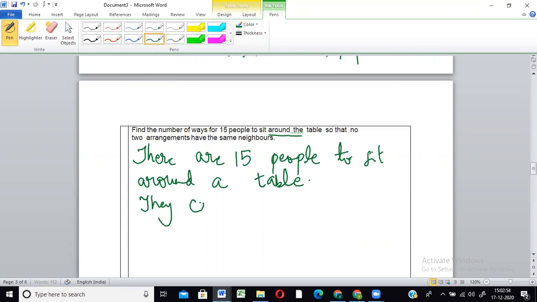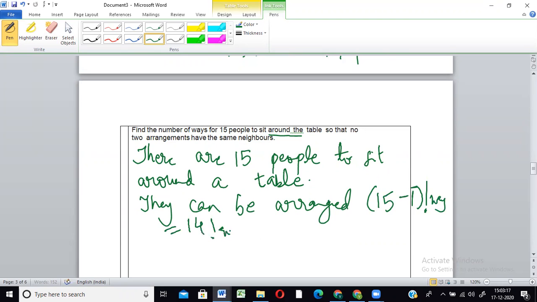This was a formula done last time. If you have 10 people, then they can be made to sit in 9 factorial ways, that is 10 minus 1. If you have 20 people, then they can be made to sit at a circular table in 20 minus 1 factorial ways. So whatever it is, the number of people minus one factorial ways. So 15 minus 1 factorial ways, that is nothing but 14 factorial ways.